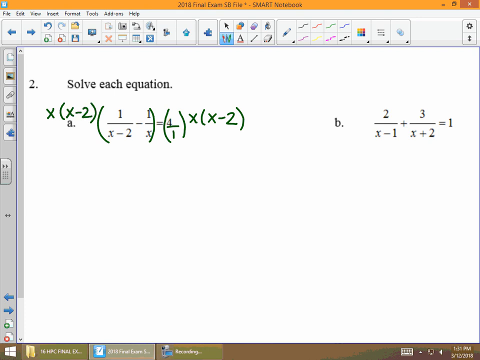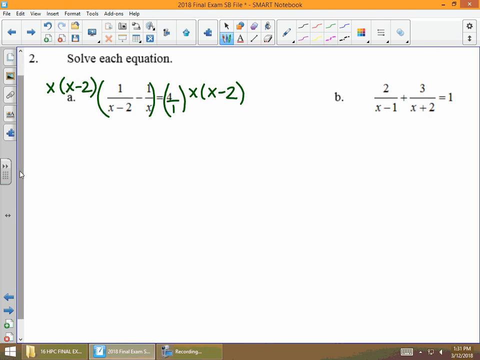And since I'm only going to do a couple examples, I'm going to go ahead and do this middle step so that you can see what you're really canceling, especially with this first one. So I'm going to multiply in x times x minus 1 times x minus 2, all over x minus 2.